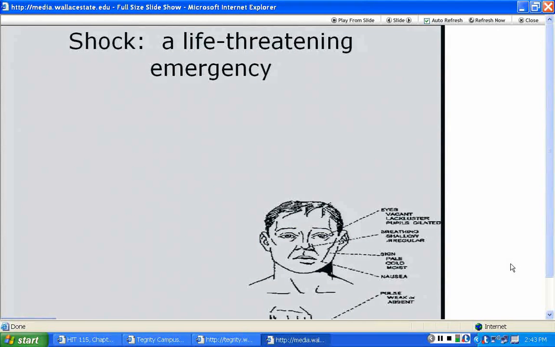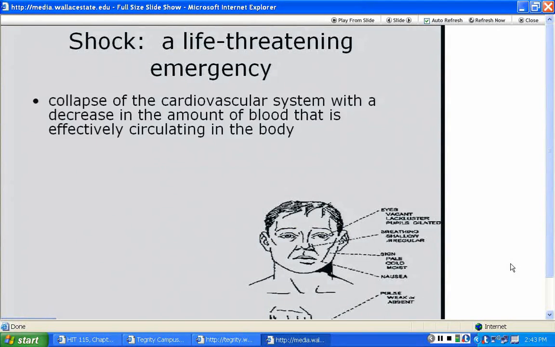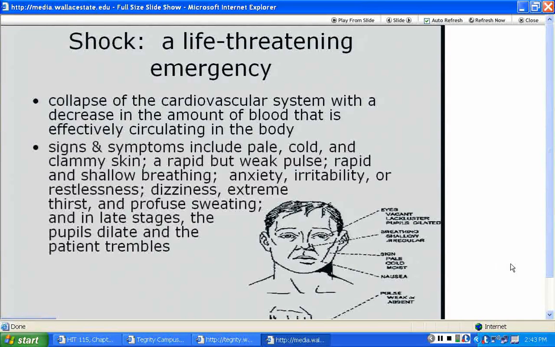Now we're going to look at shock, listed as a life-threatening emergency. When a person's in shock, their cardiovascular system collapses. They have a decrease in the amount of blood that's effectively circulating. There are some descriptions given on this slide: the eyes have a vacant, lackluster look, the breathing is shallow and irregular, the skin is pale and cold and moist, described as cold and clammy.